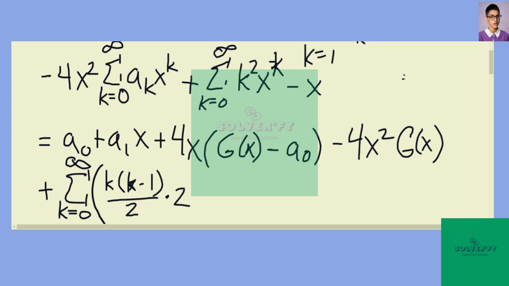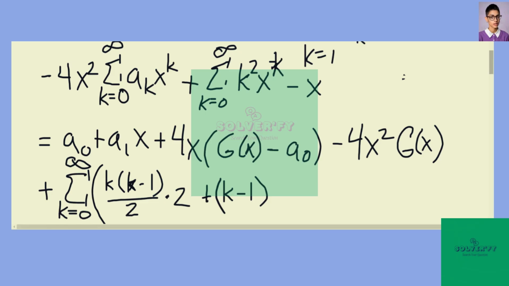This is k times (k - 1), and we're going to add to it k - 1. And so now we have k(k - 1)/2 times 2 plus k - 1.